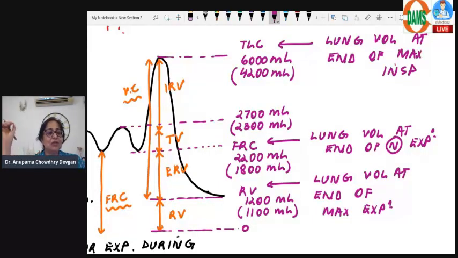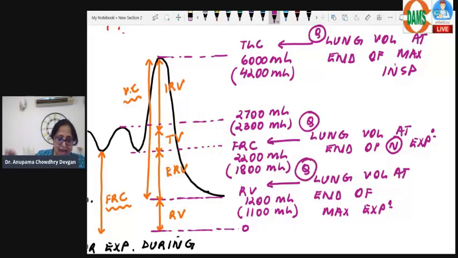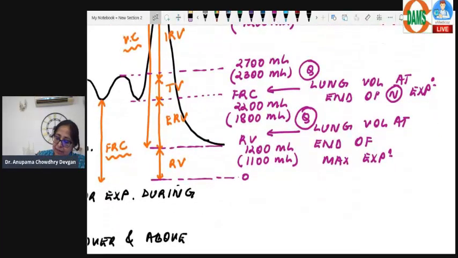The only way to remember these is to remember the definitions, right? Again, all these three questions have been asked in different NEET exams in the last 3 years. Lung volume at the end of maximum expiration, residual volume. Lung volume at the end of a normal expiration, FRC. Lung volume at the end of a maximum inspiration is the total lung capacity.